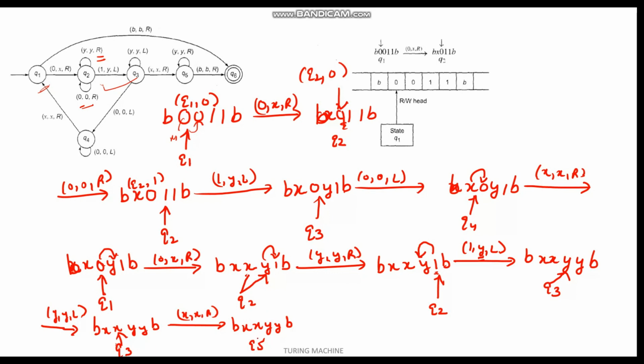So it was pointing to x, and towards right it will start pointing to this y. It means q5 is given input y.